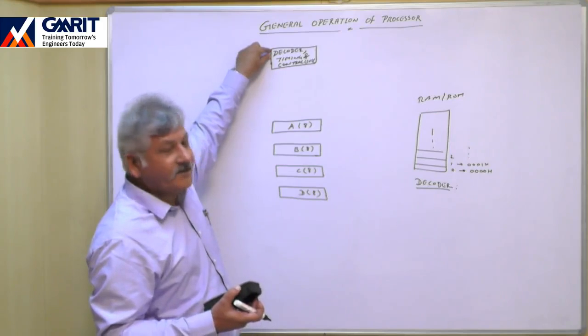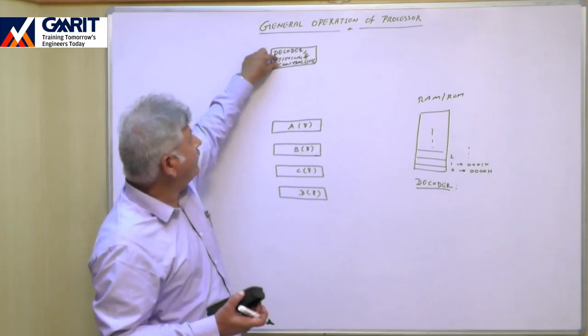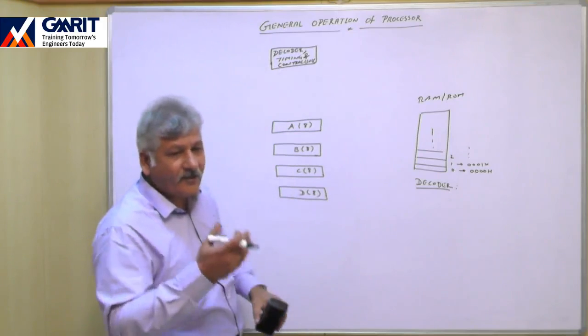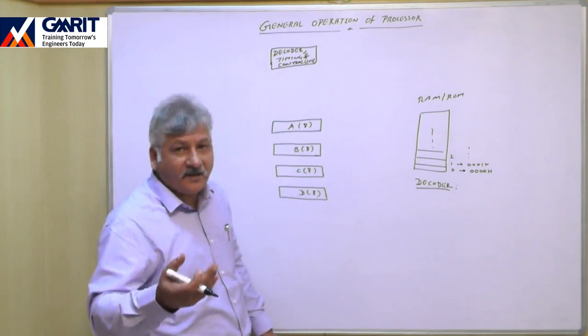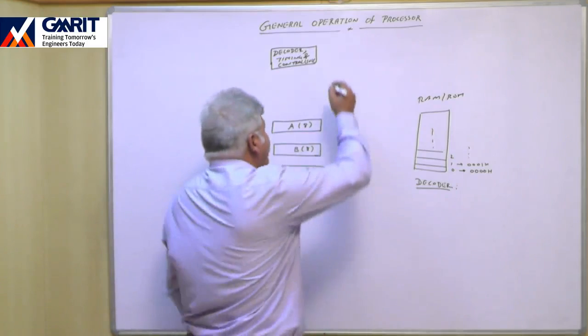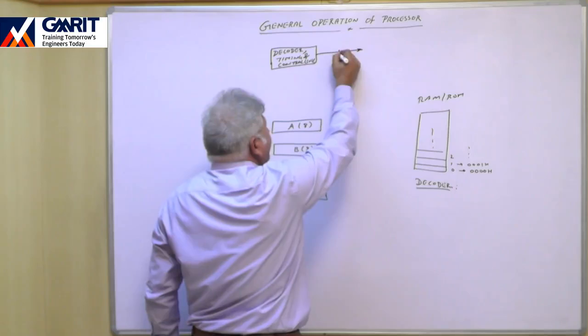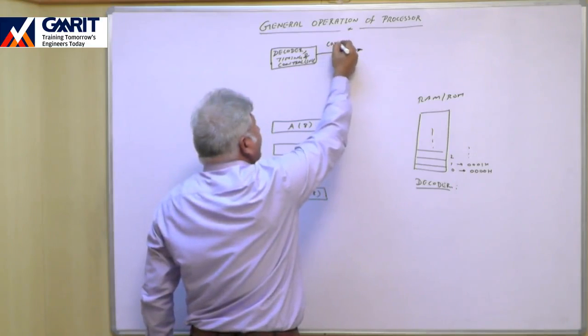After decoding the instruction, the timing and control unit will generate various types of control signals. Examples of control signals are the read signal and the write signal.